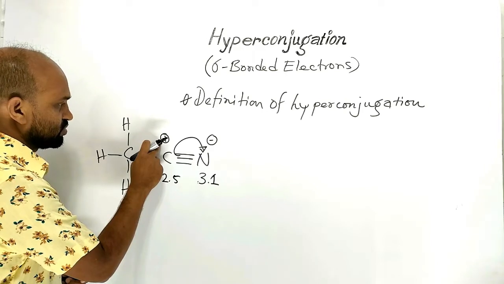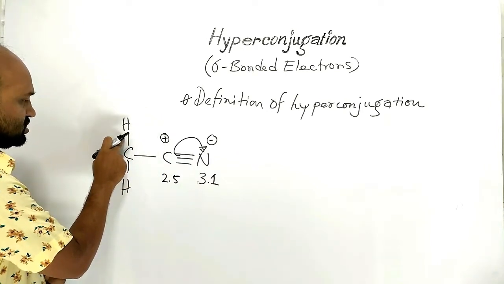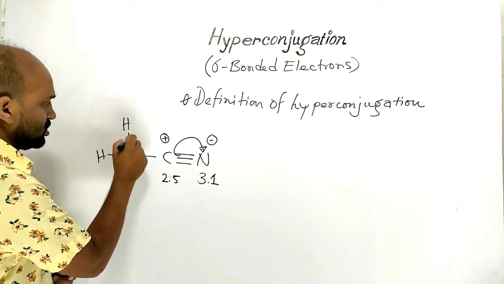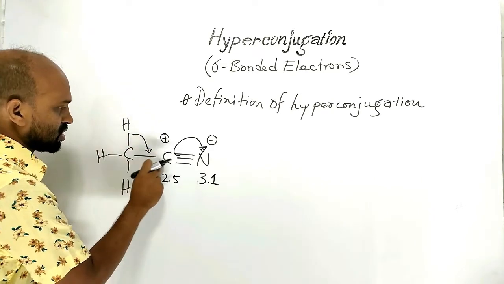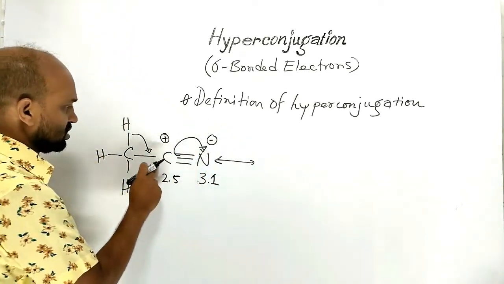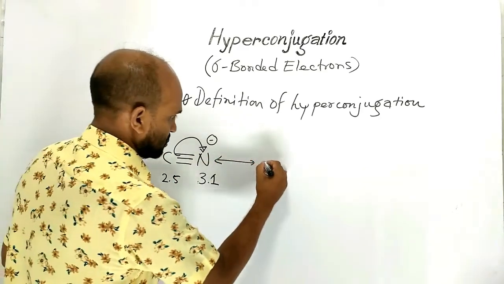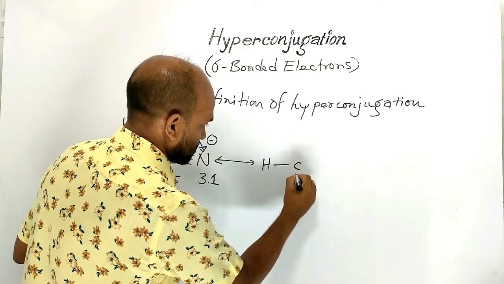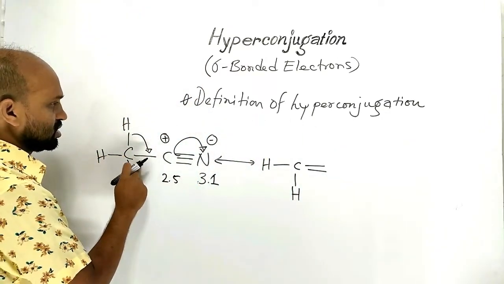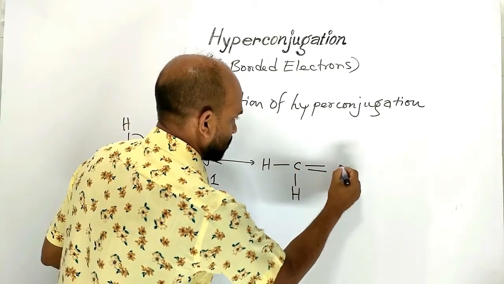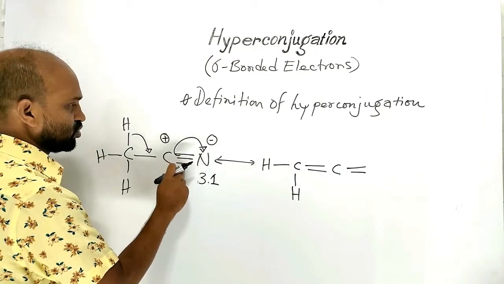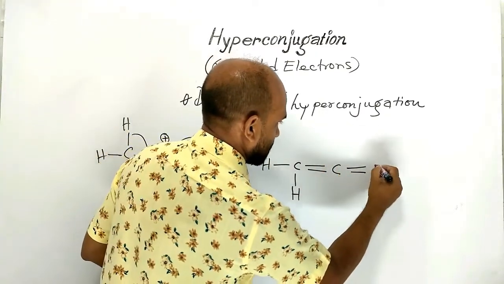To diminish this positive charge, the sigma bonded electrons of the carbon-hydrogen bond move towards the carbon-carbon bond. As a consequence, we get another resonance structure, H3C... Here, the carbon-carbon single bond turns into a carbon-carbon double bond, and the carbon-nitrogen triple bond turns into a carbon-nitrogen double bond.